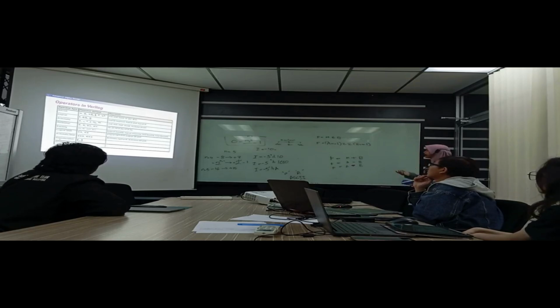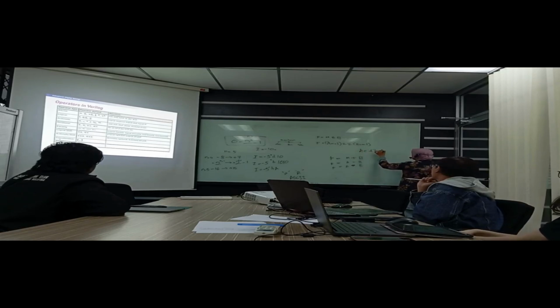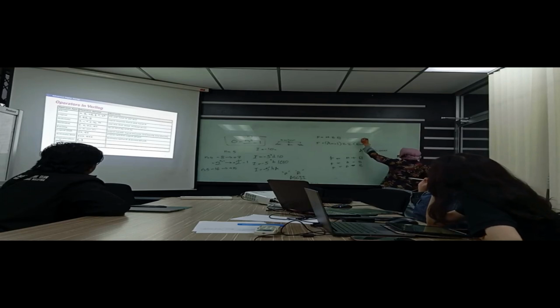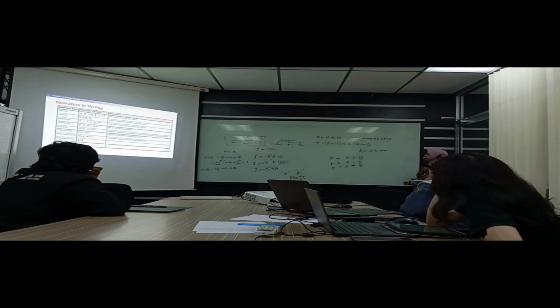Let's say now you have A is 4 bit, let's say 0 0 0 1. And then you declare output Z as 8 bit.